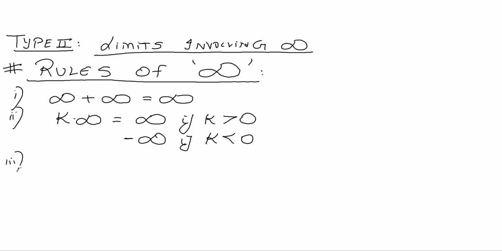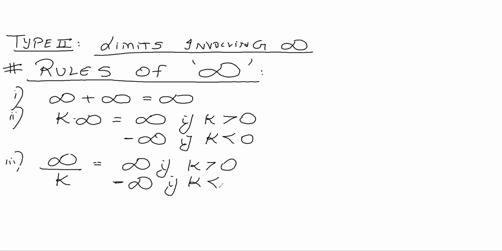Third rule, infinity upon k will be equal to infinity if k is greater than 0, minus infinity if k is less than 0, where k is a constant.